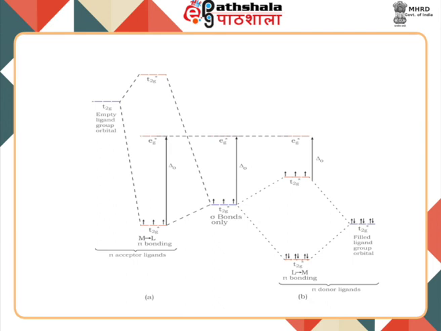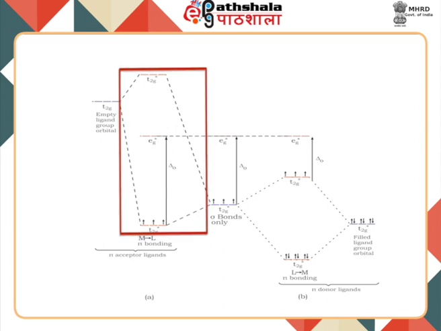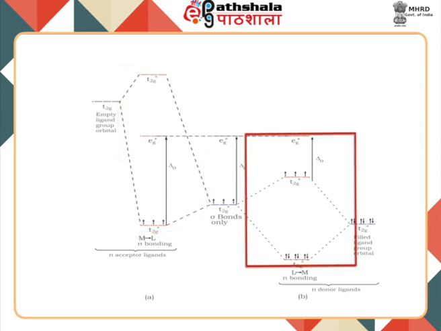All this has been depicted in the molecular orbital energy diagram for the complexes with pi donor versus pi acceptor ligands. Both of them have been compared. On the left hand side we have pi acceptor ligands and on the right we have pi donor ligands. Now it can be seen how the delta naught value is altered in both cases.